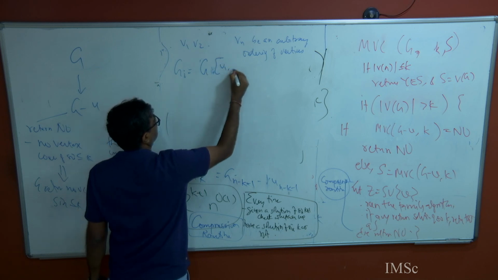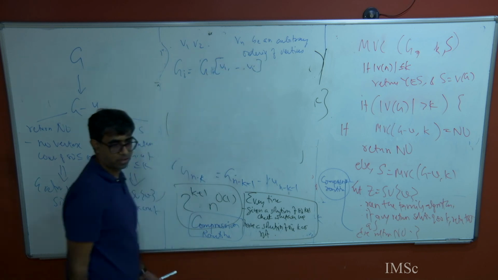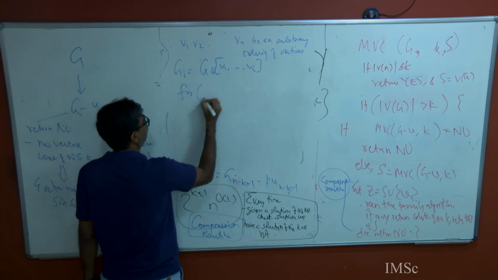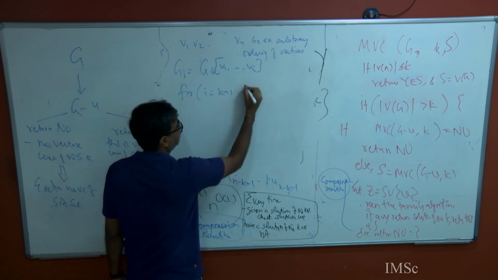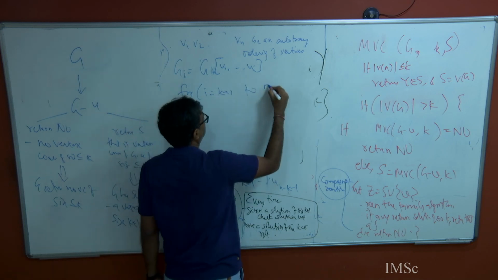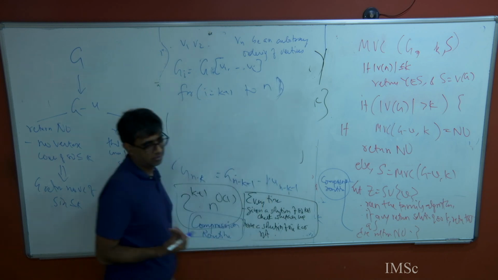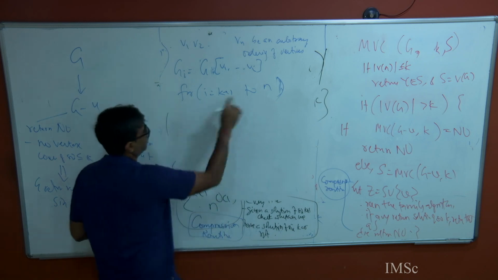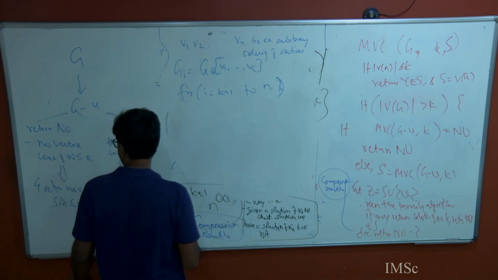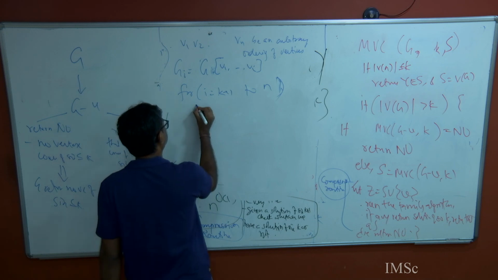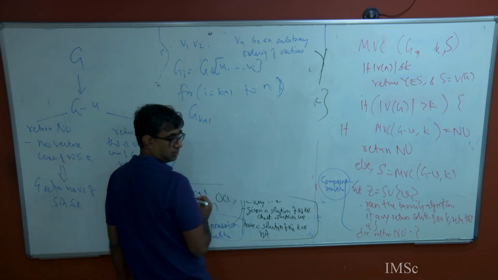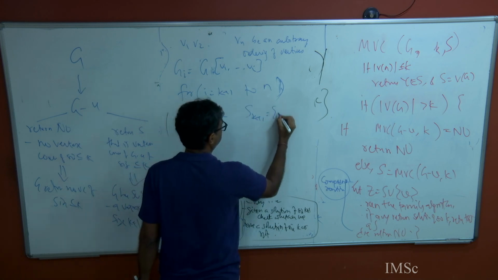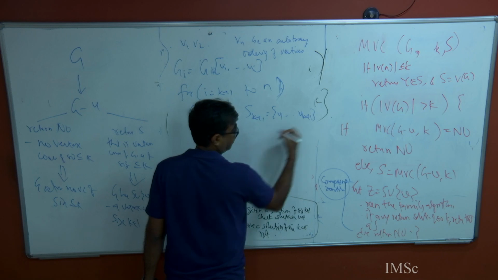Graph induced on the first i vertices. Now you will have a loop from i equal to k plus 1 to n, and you will do the same thing. What is G sub k plus 1? It has a vertex cover, say S sub k plus 1, which is basically v1 to v k plus 1.